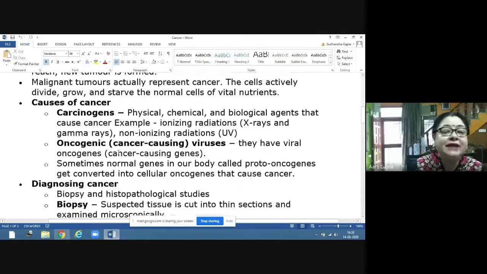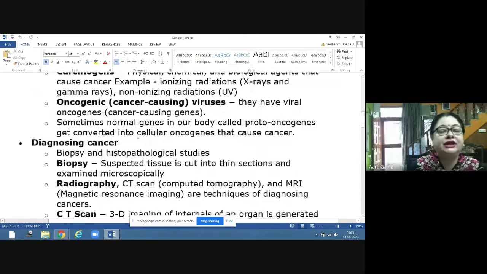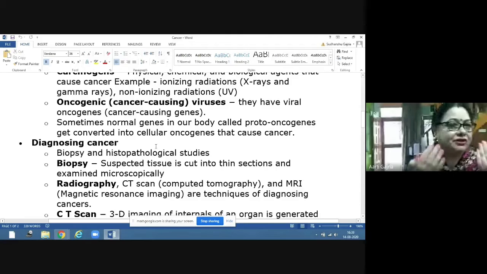Now, sometimes normal genes in our body, called proto-oncogenes, get converted into cellular oncogenes that cause cancer. Sometimes the normal genes can also get converted into oncogenes and start causing cancer in our body.